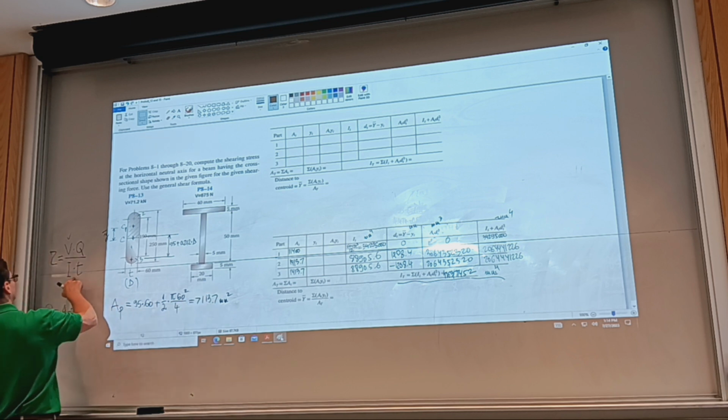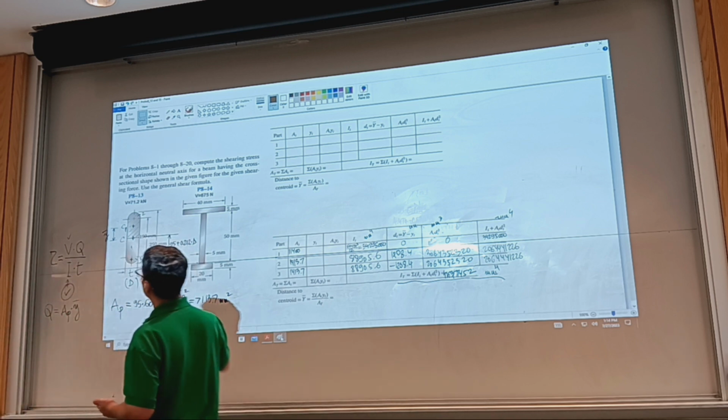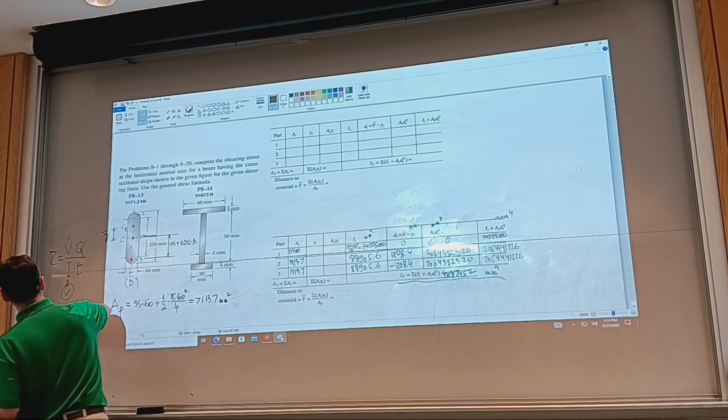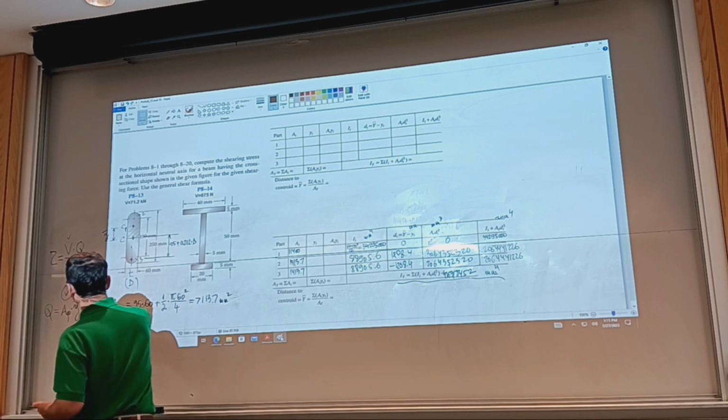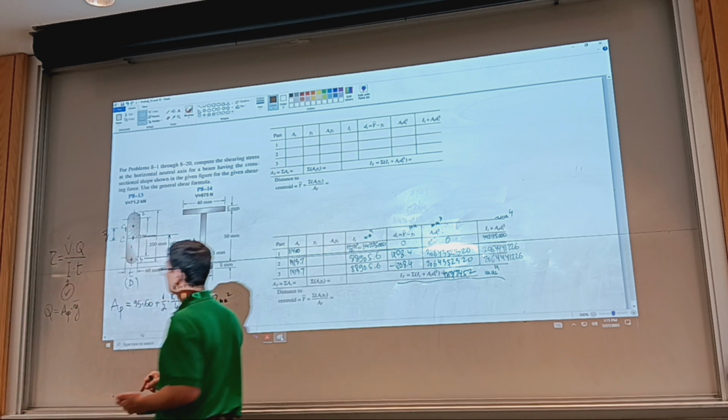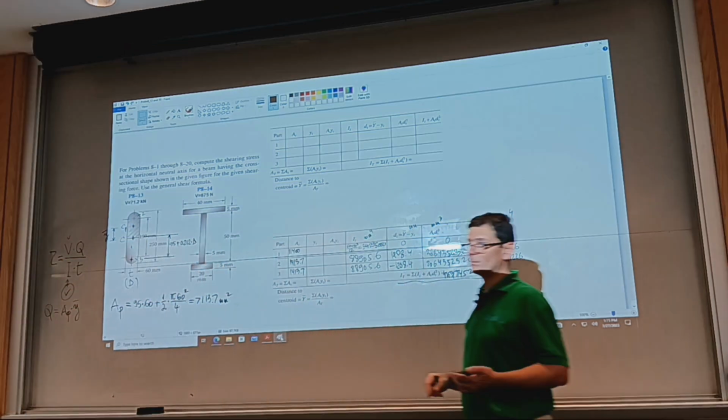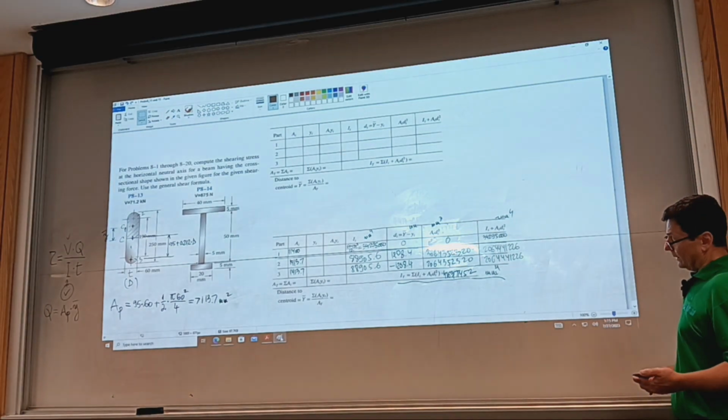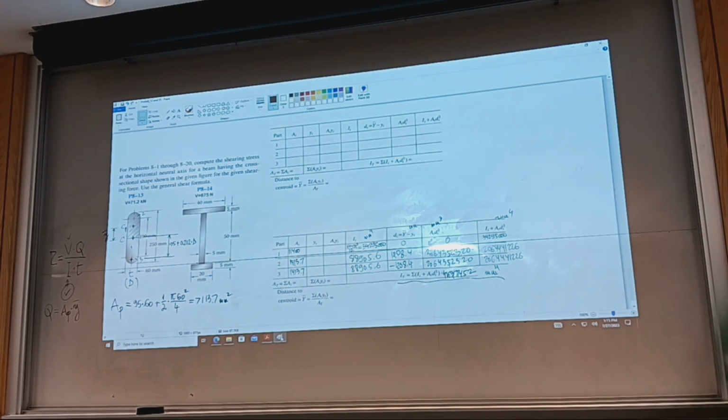It says I total, we can use I total here, so essentially we have this part of the equation to figure out. What is left is to evaluate the first moment of area, so we need to find the centroid of just the top half or the bottom half. Questions? Yes.